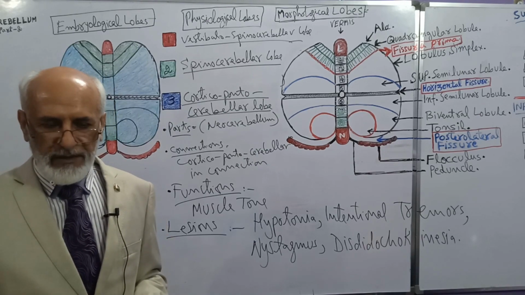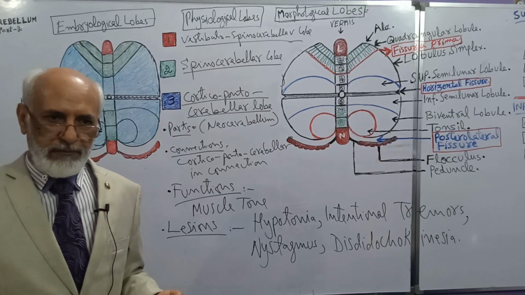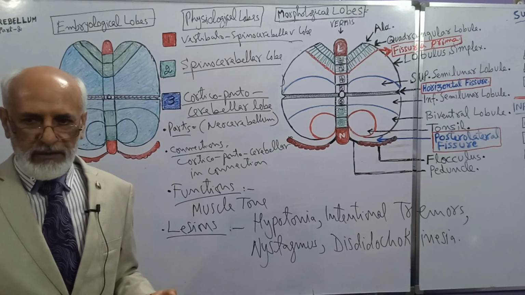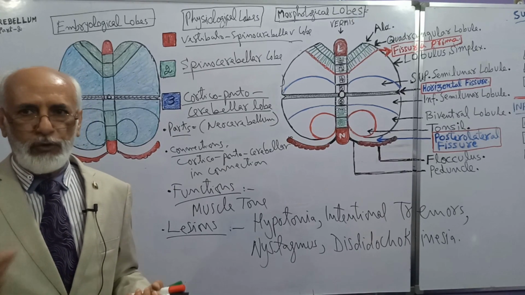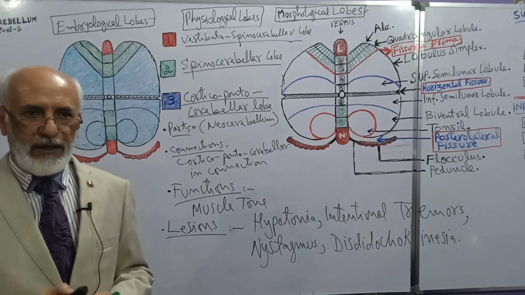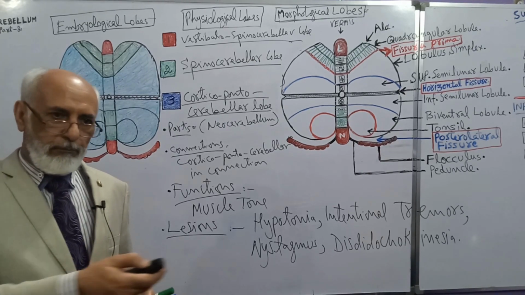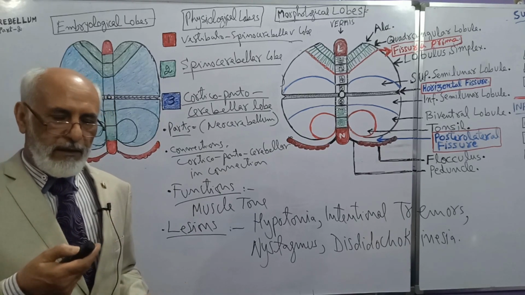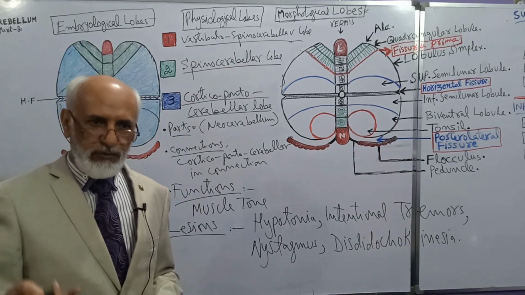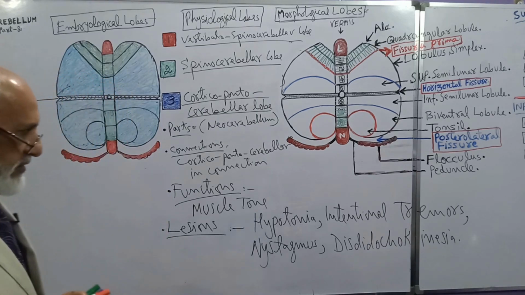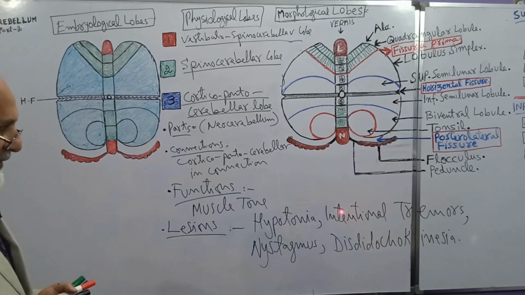For example, if he is lying down doing nothing, or sitting in a chair not performing any activity, there will be no tremors. Whenever he is picking up a glass of water or a cup of tea, then tremor starts. So during the activity, tremor starts. Such tremors are known as intentional tremors.